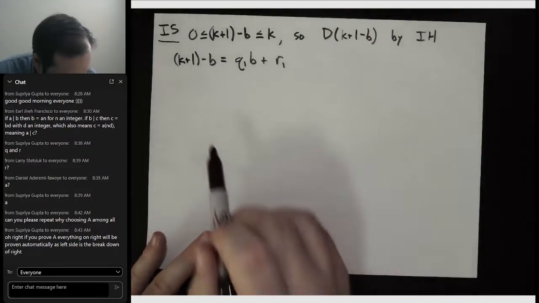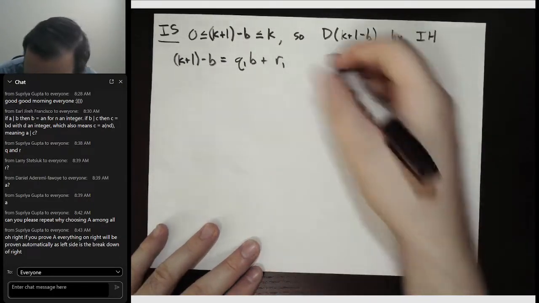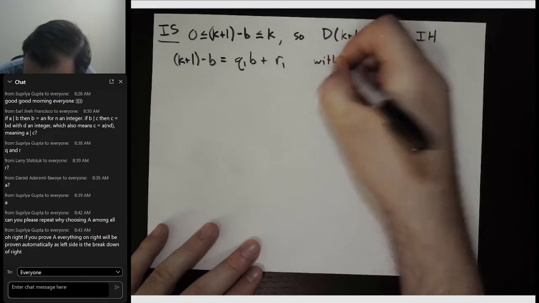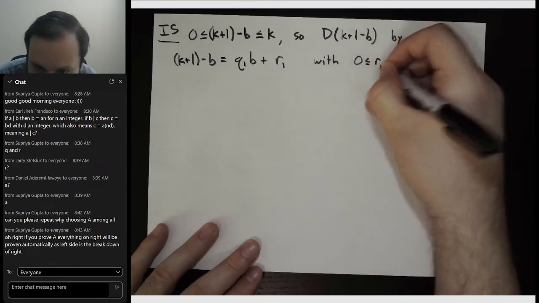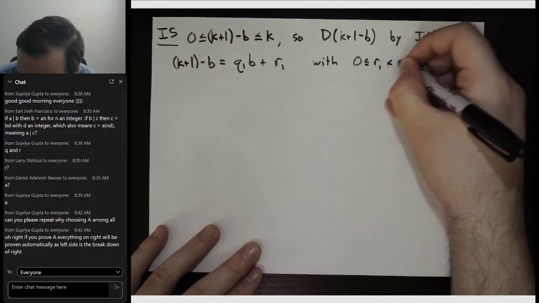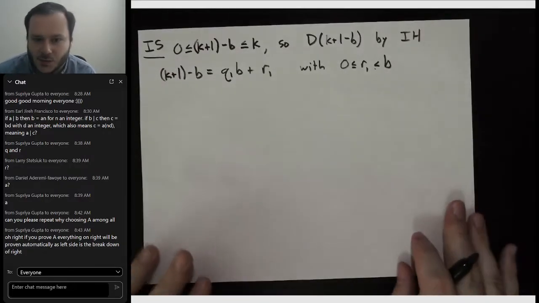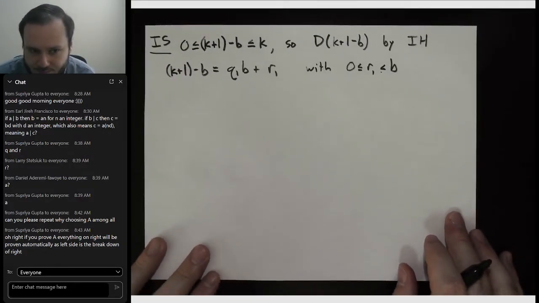And now I can move, with 0 less than or equal to r1 less than b, because that's what my induction hypothesis says.